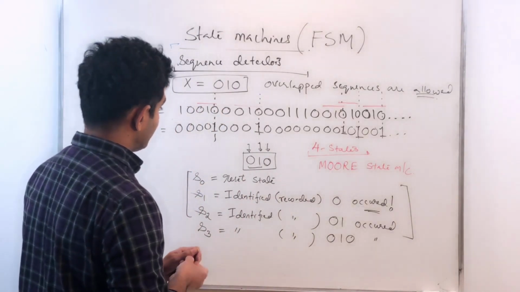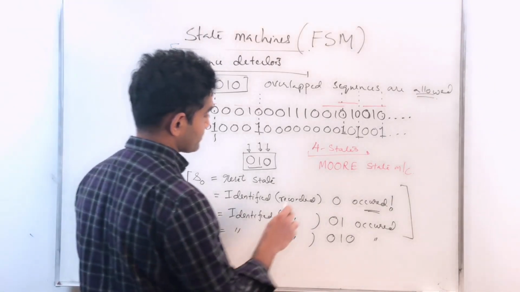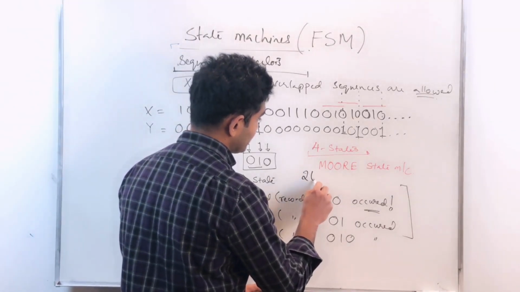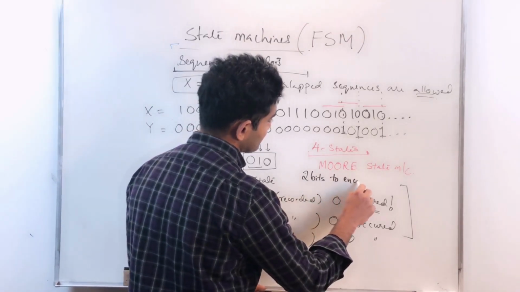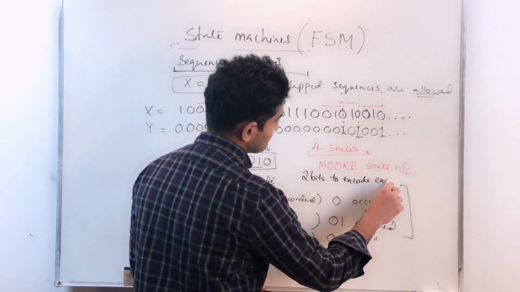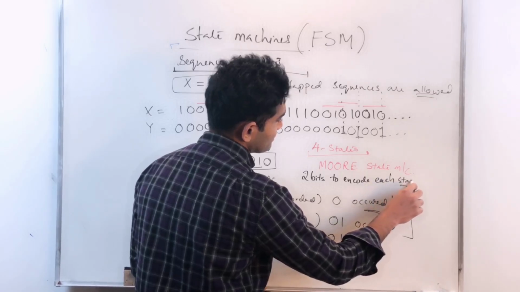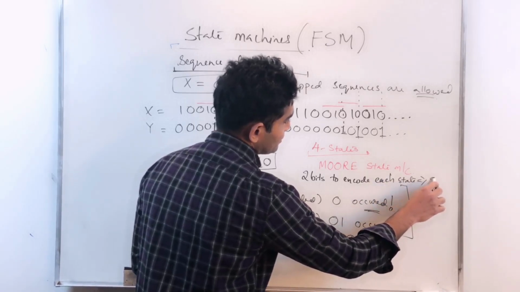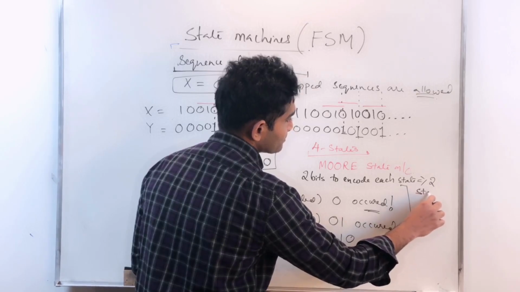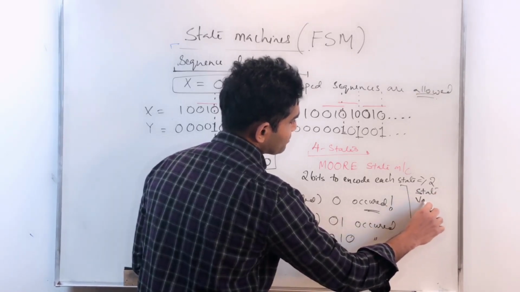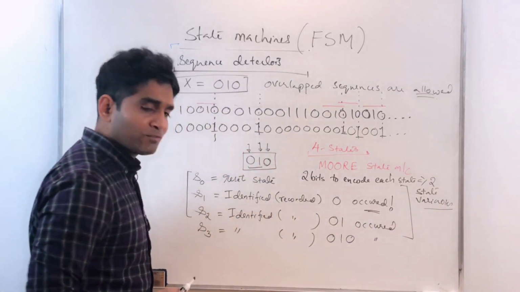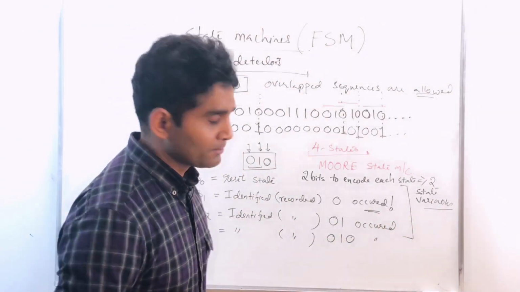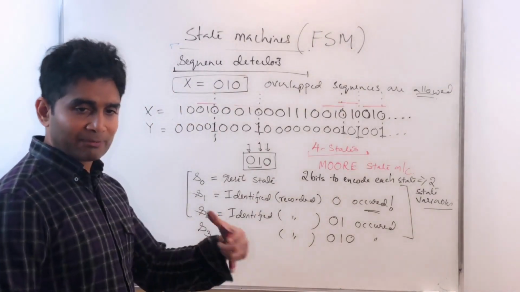So I would use 2 state variables, 2 bits to encode each state. That implies 2 state variables, and that corresponds to using two flip-flops in your design, right? Because each state variable will have its own flip-flop associated with it.